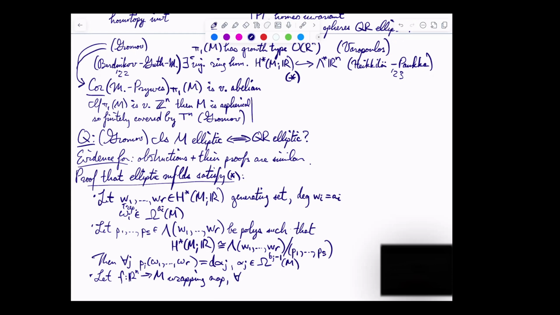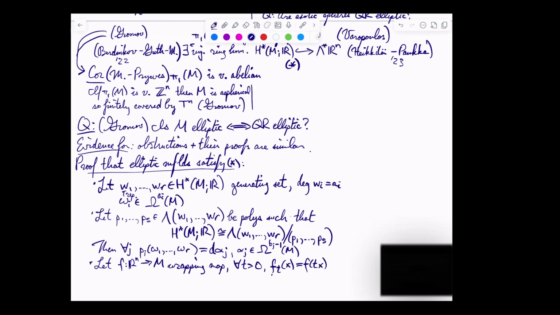For every t, we can define f_t of x to be f of t x. So this is t-Lipschitz.